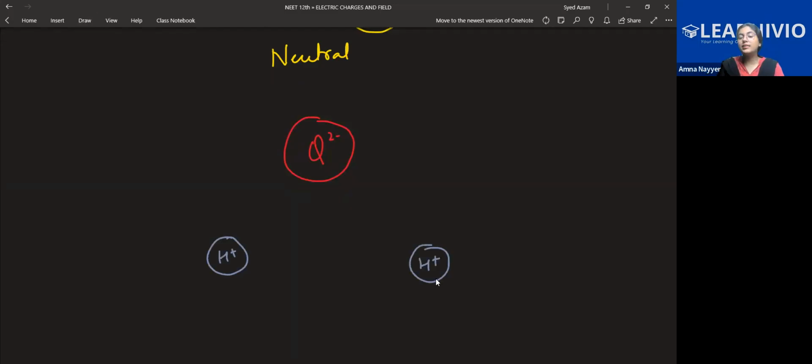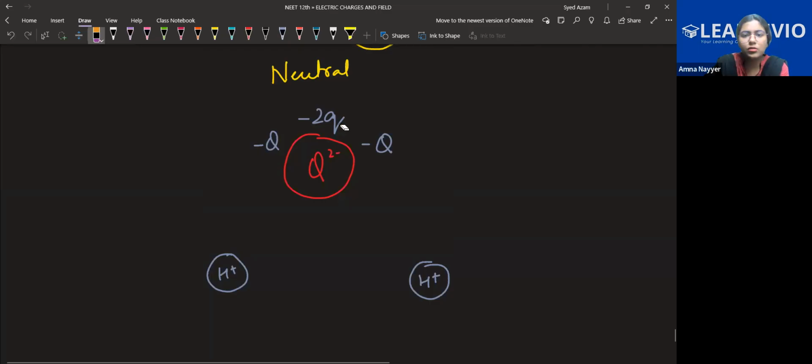Now look, I have changed the arrangement. Still, a dipole is present. If this is Q2 minus, it means the minus 2Q can be written as minus Q twice. There are two minus Qs, right? That is what I have written. So Q to the power minus 2, or if I write 2, this is also correct.